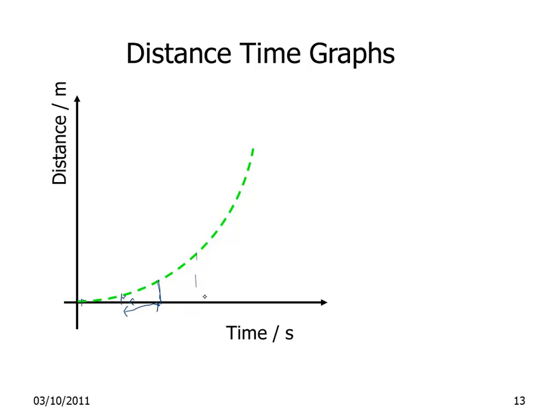And if you go the same again, from here to here, it's covered an even greater distance. I know this is kind of messy, but you get the idea. After each time interval you're covering more distance. For a distance time graph, when this is the case, it shows that the object is accelerating.